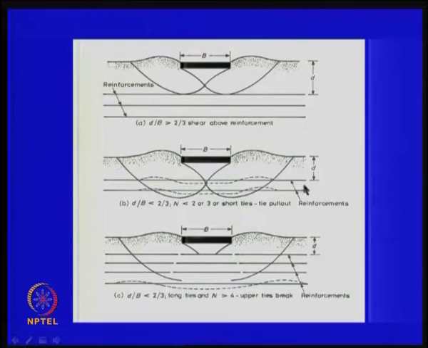If the length is not adequate, it may not really develop frictional resistance completely, and even if the friction is developed, it should be able to sustain that friction by pull out resistance. That is the reason I said the factor of safety, there is always a relationship between the pull out resistance and the tensile force developed. So, if the short tie occurs, then there is a slip. This is what we just tried to show in the form of a slip. So, short ties are tie pull out, we call it.